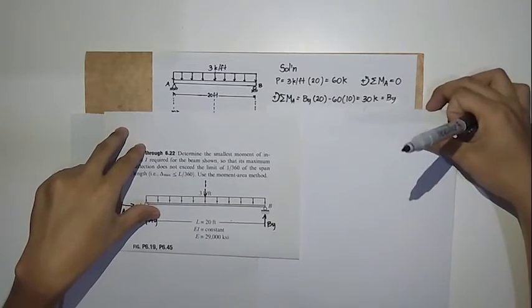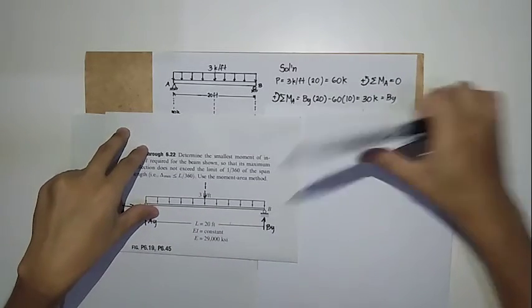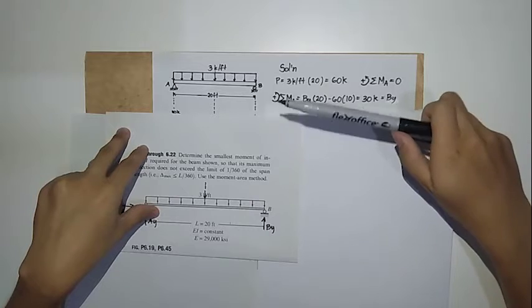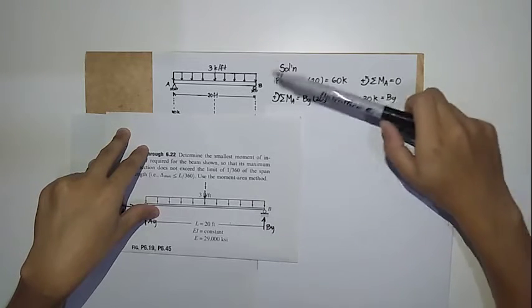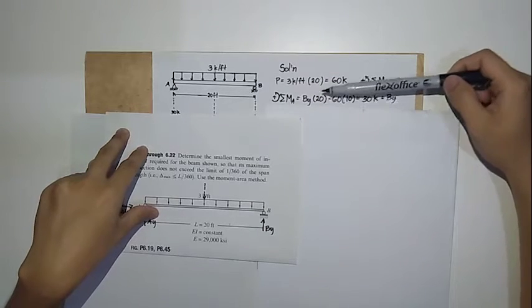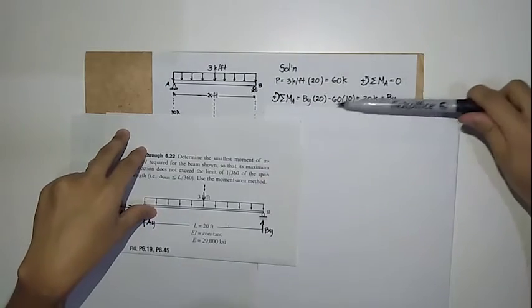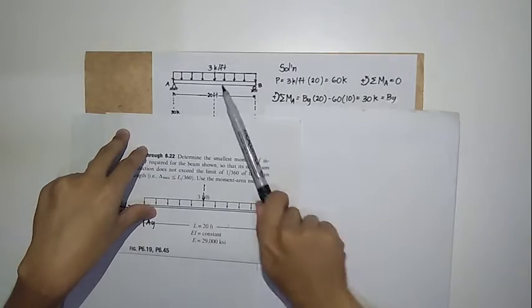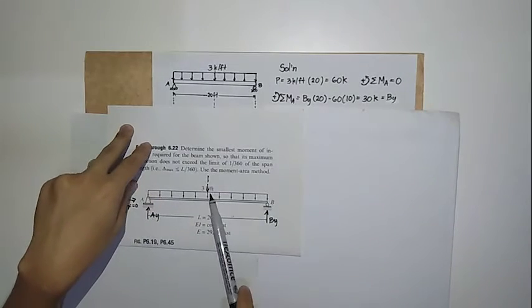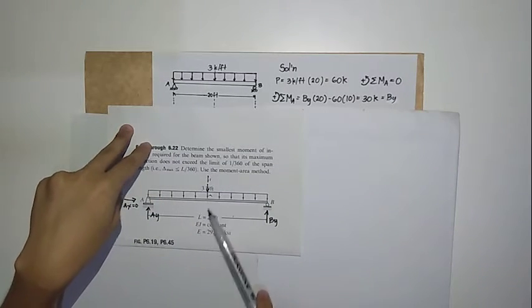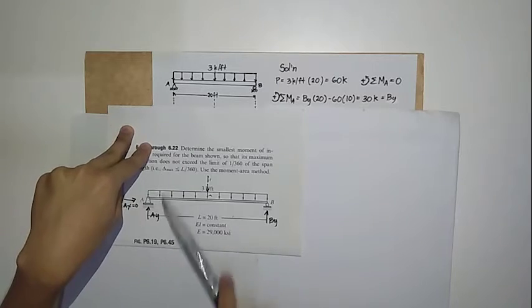So, next. So, ito na. Summation of moment A, counterclockwise positive, is equals to the BY times its moment arm from B to A, which is 20 feet, minus siya, dahil as you can see here that the point load has a clockwise direction.